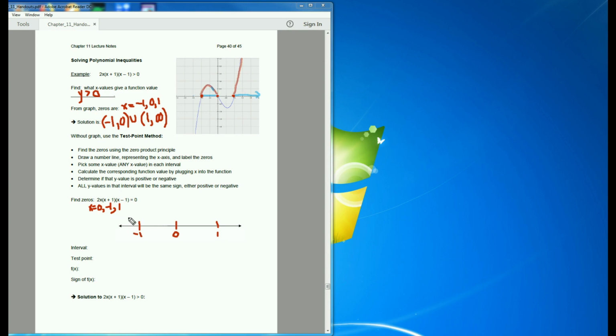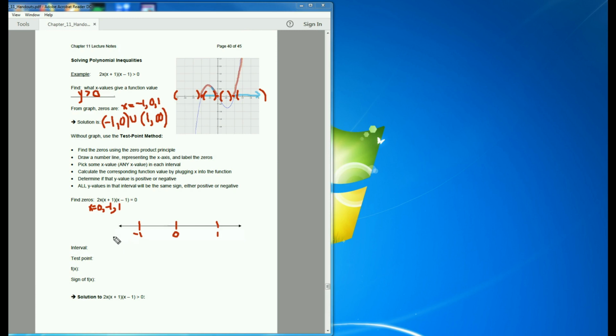Notice this time we have 1, 2, 3, 4 intervals. So let's list the intervals.